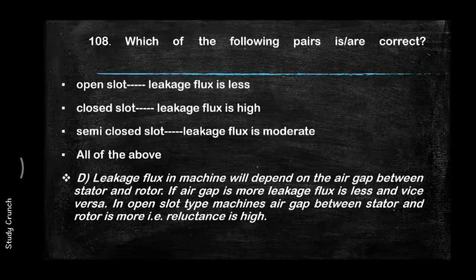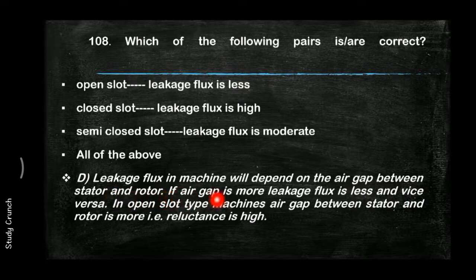Next, which of the following pair is or are correct? So the answer is open slot to leakage flux is less, closed slot to leakage flux is high, and semi-closed to leakage flux is moderate. We know that leakage flux in a machine will depend on the air gap between the stator and the rotor. If the air gap is more, the leakage flux is less and vice versa.